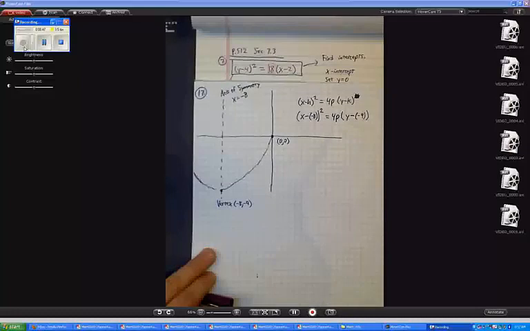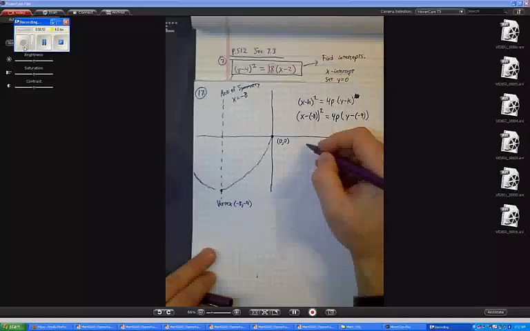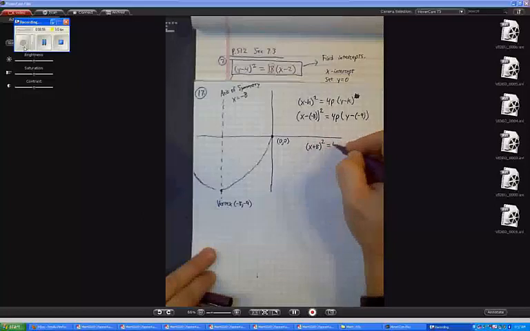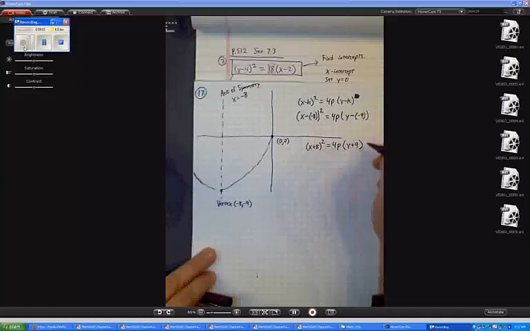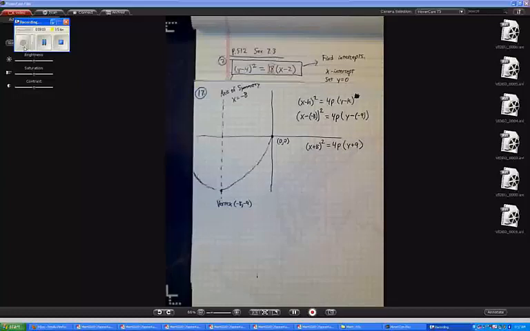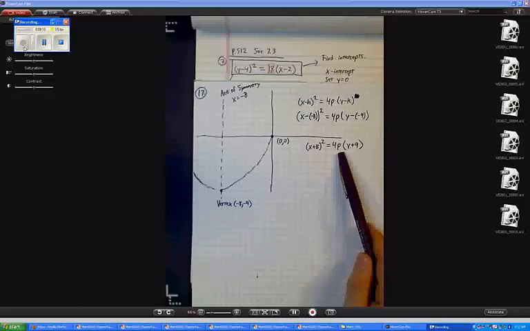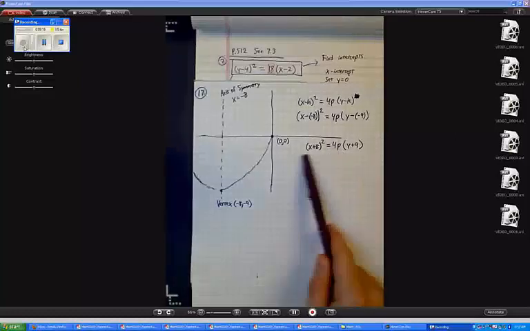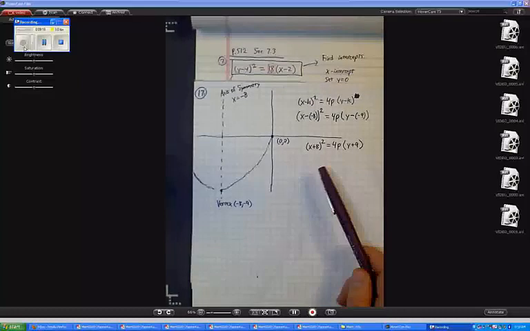So right now I have (x + 8) squared is equal to 4p times (y + 9). And this is actually a great problem to do today because it kind of ties into where we're headed. We want to know what p is, right? What's that? You say, I know what p is? How?